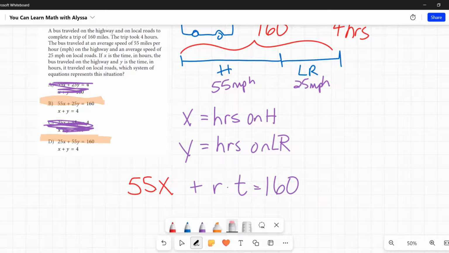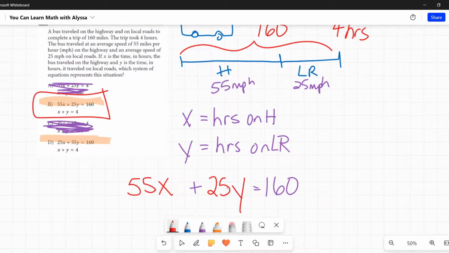Then the rate times the time. What was the rate on the local roads? The rate on the local roads was 25 miles per hour, and the time on the local roads was Y hours. And there we go. 55X plus 25Y equals 160. So B is my answer.